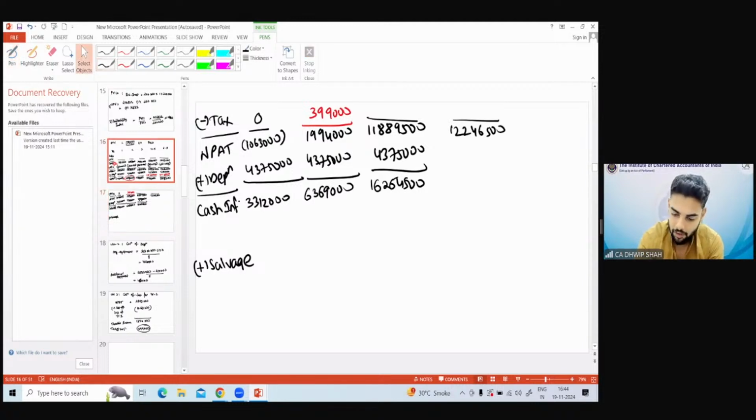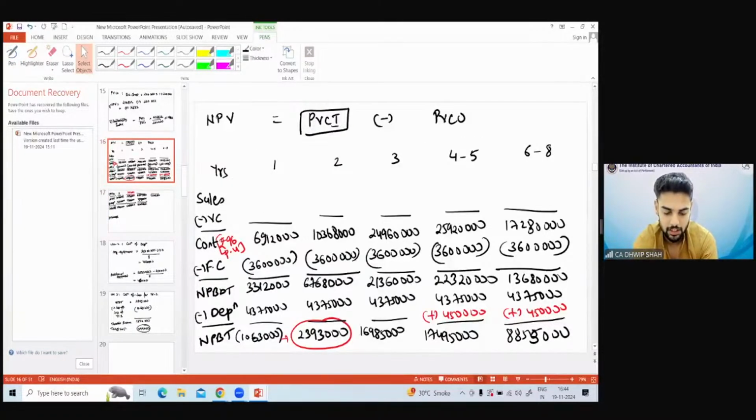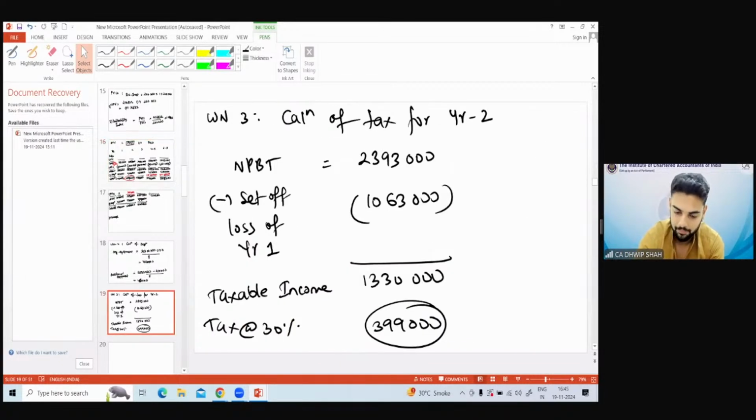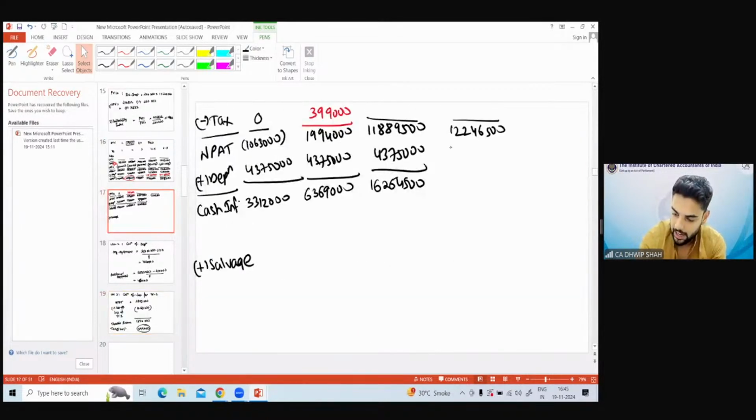But in year 4, the depreciation is not just 4375. It is 4375 plus 450, which comes to 4825. So here I will add 4825. And my cash inflows from year 4 to 5 is 170,71,500.